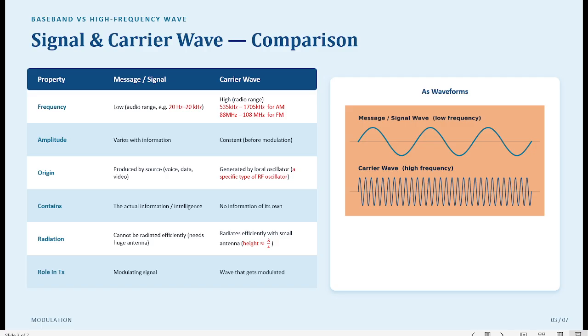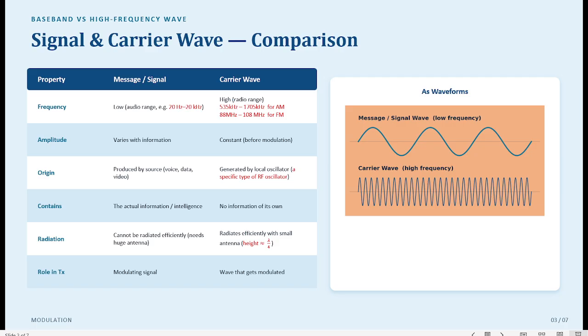The message signal contains the information or intelligence that we want to transmit from one place to another, whereas the carrier has no information of its own. The message signal cannot be radiated efficiently; it needs a huge antenna to be transmitted into space, which is not practically feasible. The carrier wave is a radio frequency wave, and because of its smaller wavelength the required antenna height will be quite small and practically feasible.